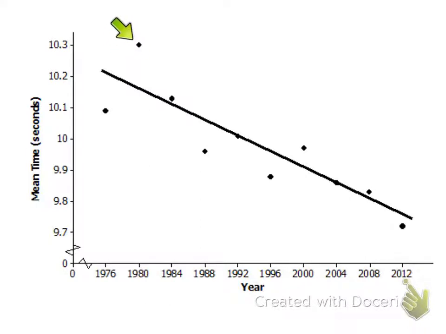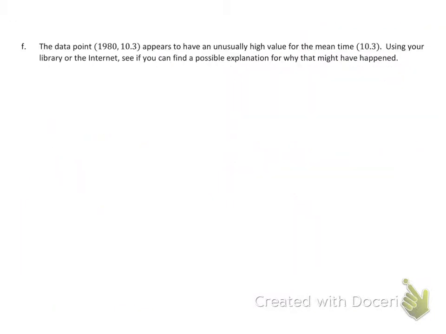It took them longer to run the race. So what was going on in 1980 that might have caused that? And I'll give you just a hint so that you'll know when you've found the right answer. It has to do with who was at the Olympics that year. So look it up. Google 1980 Olympics and see what you can find on that.